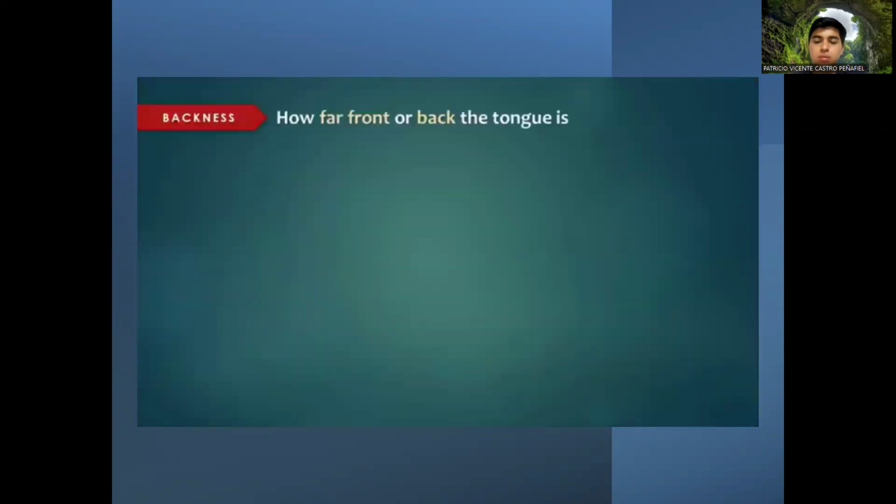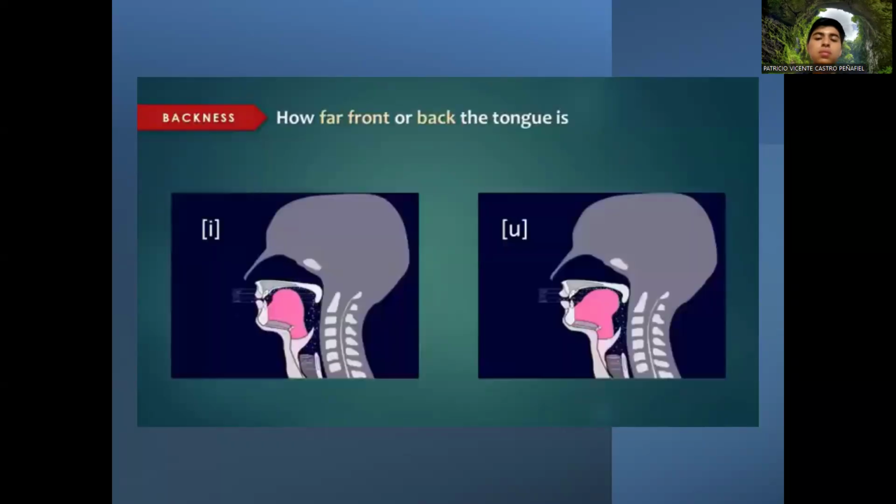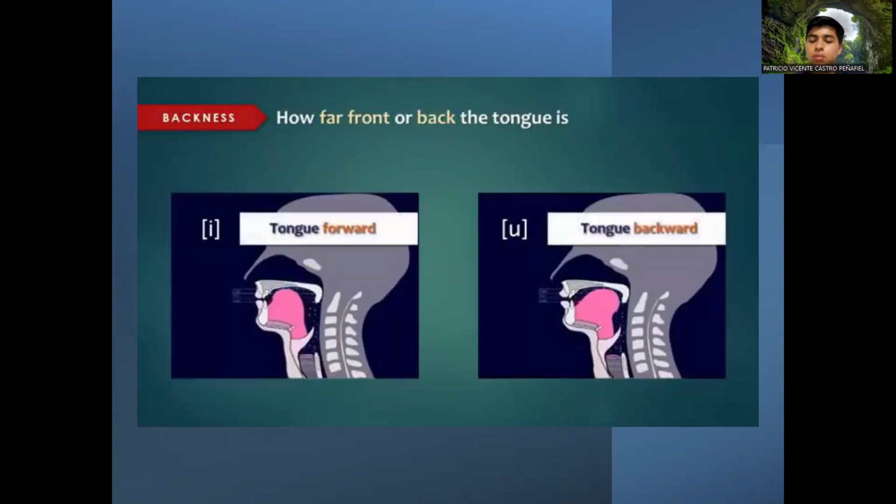E is an example of a high vowel, and ah is an example of a low vowel. Backness refers to how far front or back the tongue is when producing the vowel. As with vowel height, this can be tricky as it takes some practice, but consider the vowels E and OO. If you say these vowels in succession, you may notice that your tongue is moving forward and backward as you say E, OO, E, OO, E, OO.